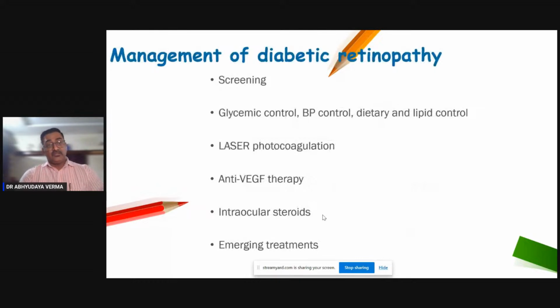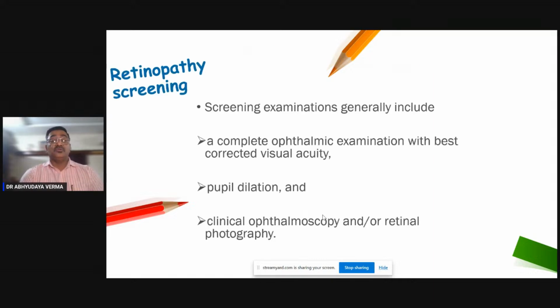Management, obviously, annual screening, good sugar control, BP control, lipid control. If not well controlled, then maybe laser photocoagulation, anti-VEGF therapy, which targets the main factor leading to both the hypoxia and the other factors, intraocular steroids also to reduce the inflammation, and there are some emerging treatment modalities also.